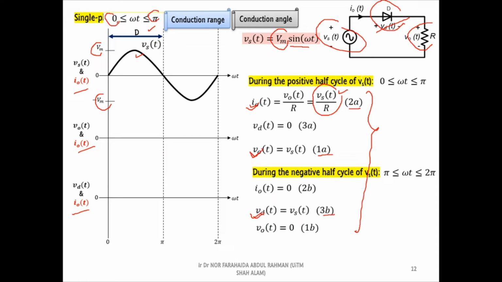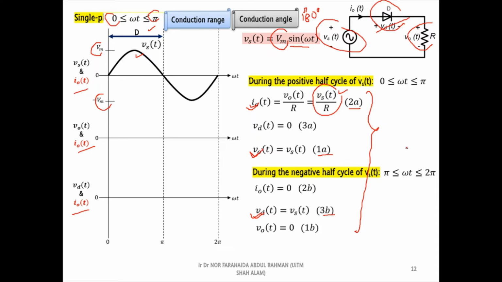As a result, the conduction angle of diode D is pi, or 180 degrees. This conduction angle indicates that the diode is only conducting current for 180 degrees, or half of a complete cycle of the rectifier operation.